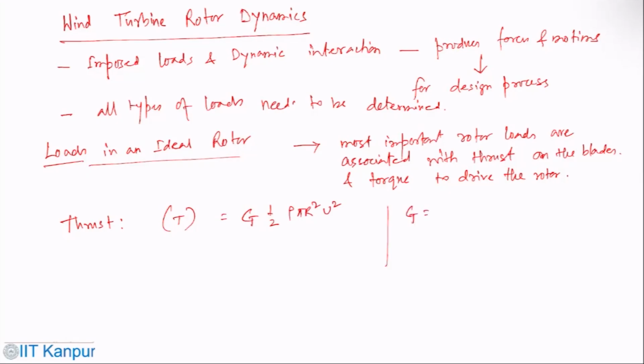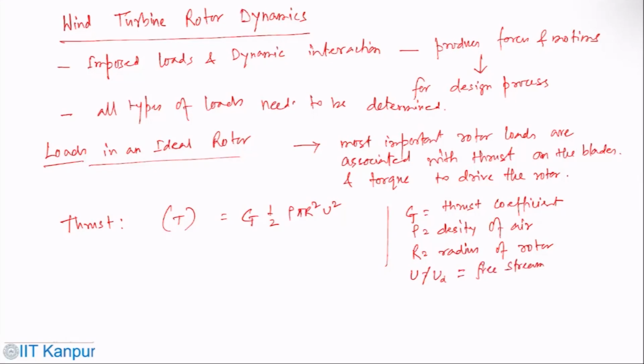So CT would be the thrust coefficient, rho is the density of air, R the radius of the rotor, and U infinity, or whatever you call it, the free stream velocity.